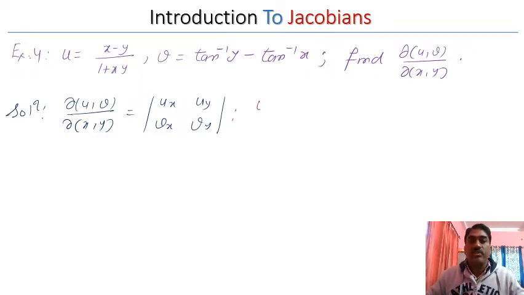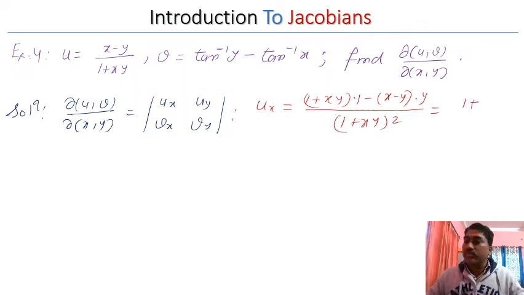What is ux? ux means partial derivative of u with respect to x, and I hope you already know how to calculate partial derivatives. So we get 1 plus xy into 1 minus x minus y into y by 1 plus xy whole square. So this comes out to be 1 plus y square divided by 1 plus xy whole square.